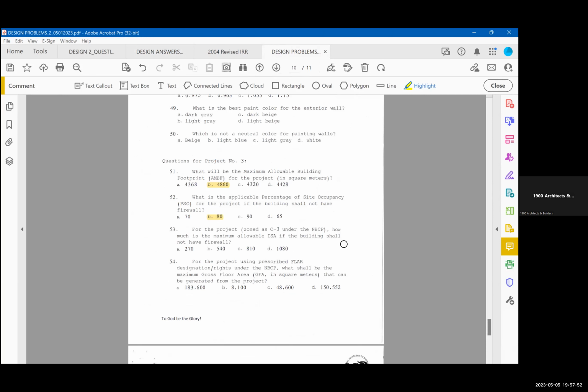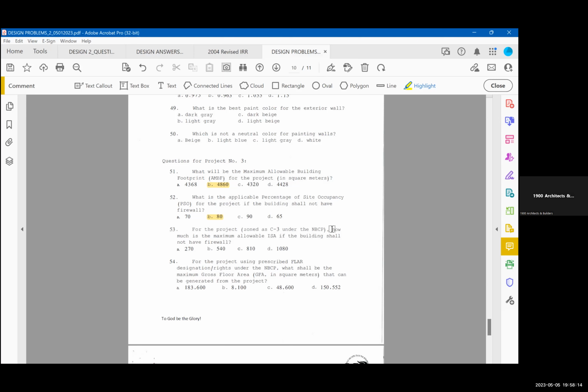So, number 53. For the project zoned as C3 under the NBCP, how much is the maximum allowable ISA if the building shall not have a firewall? The maximum ISA. Dito rin yan sa table 8.1.